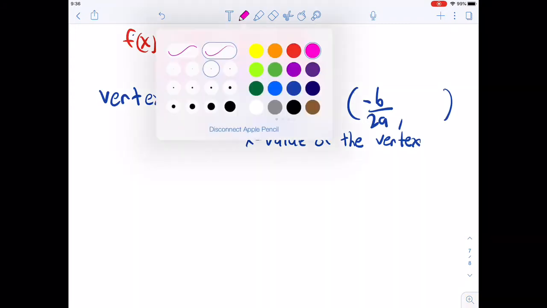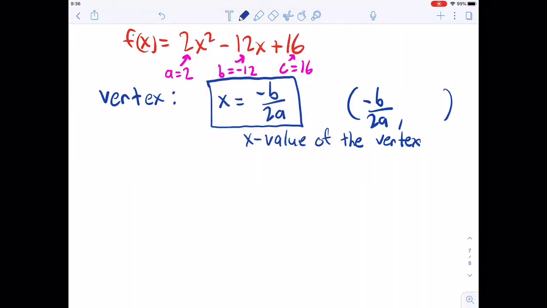Okay. So we have x equals negative b over 2 times a. Negative b is negative 12, so we put negative 12 in there, and our a is 2, so we put 2 in there.